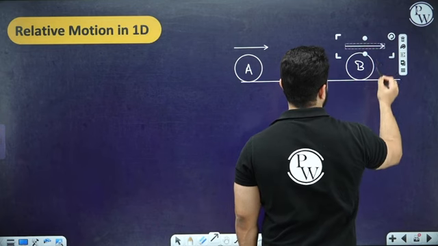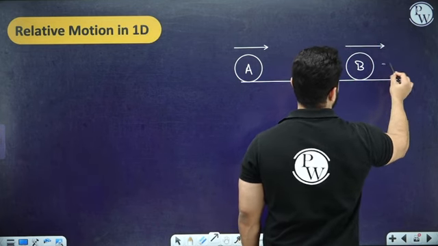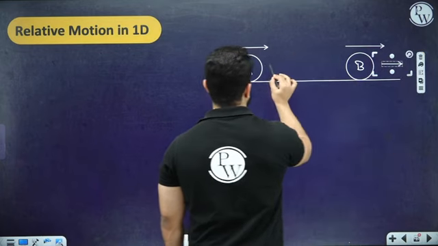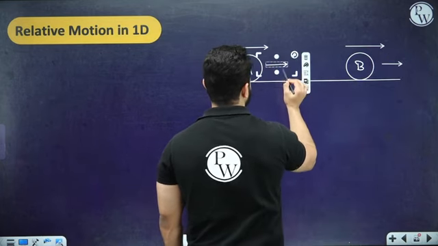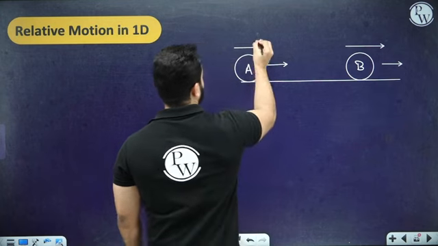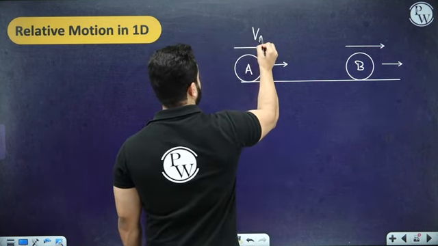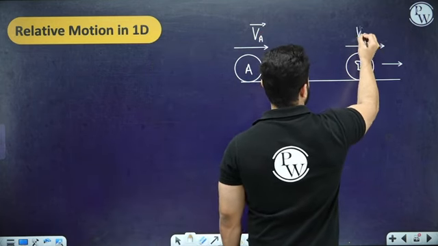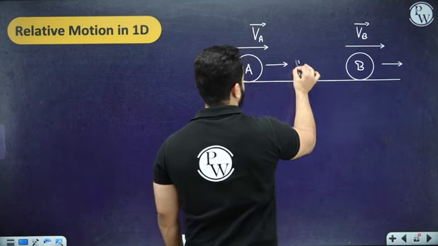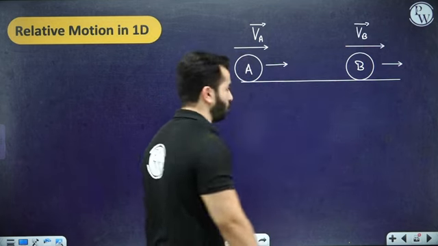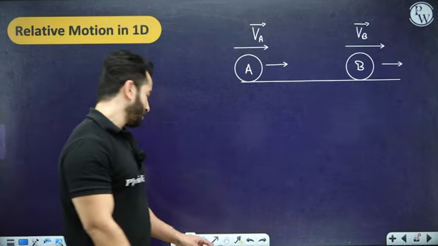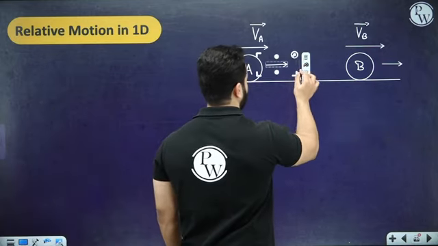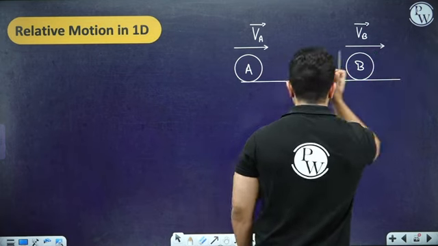And it has got an acceleration of AB. It has got an acceleration of AA. I'm going to write all the vector quantities VA, VB. Let's not talk about acceleration. Let's just talk about the velocities. It would be easy for us to understand, right?